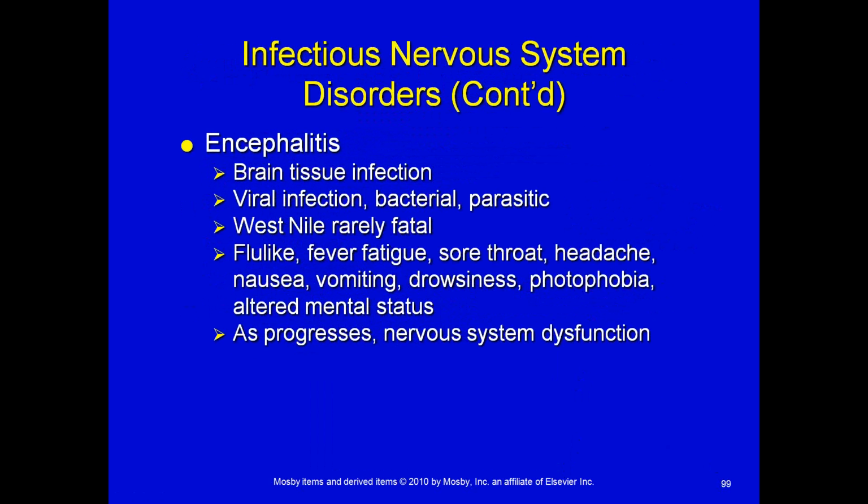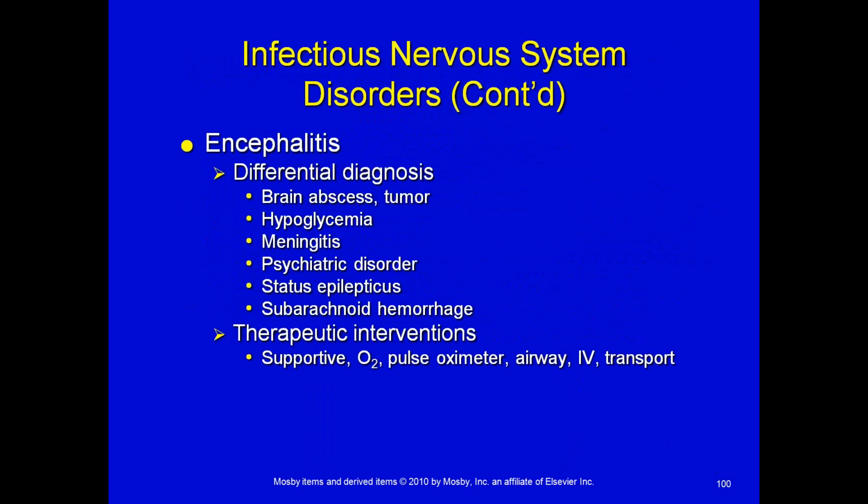As the encephalitis progresses and more of the brain tissue becomes infected, it doesn't function properly, and so you'll get some nervous system dysfunction, much like you would with a stroke. So some differential diagnosis associated with encephalitis include brain abscesses or tumors, hypoglycemia, meningitis, psychiatric disorders, status epilepticus, or subarachnoid hemorrhage.